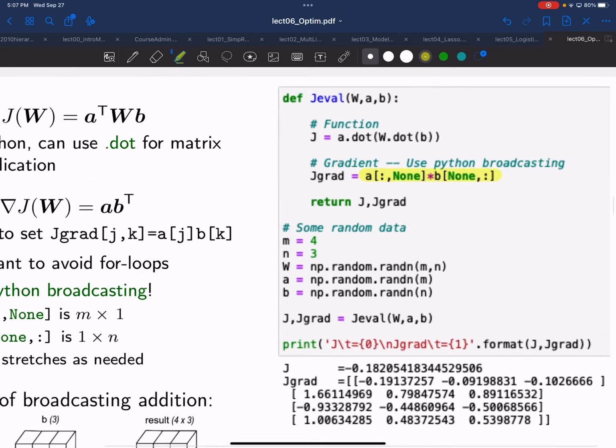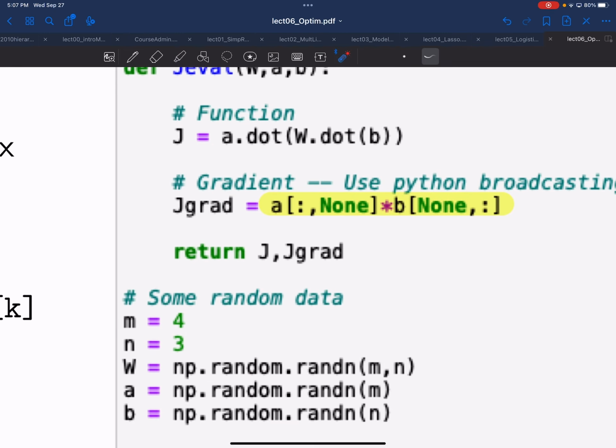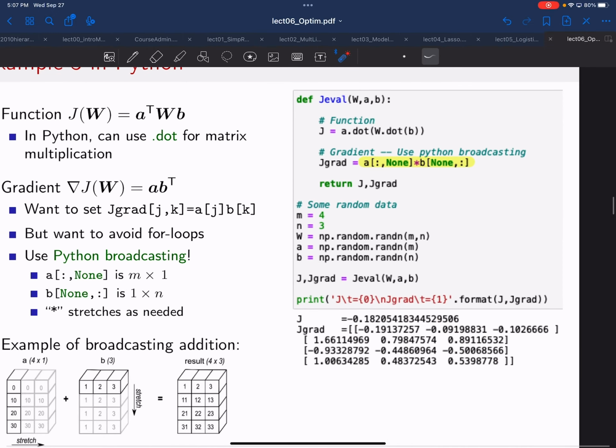So this is how you do it. When you do A, and then in square brackets, colon, comma, none, it temporarily expands this into a matrix. It takes the values of A and sets them along the first column, but then it just copies that column as many times as needed to do the next operation. So let me show you a little picture.